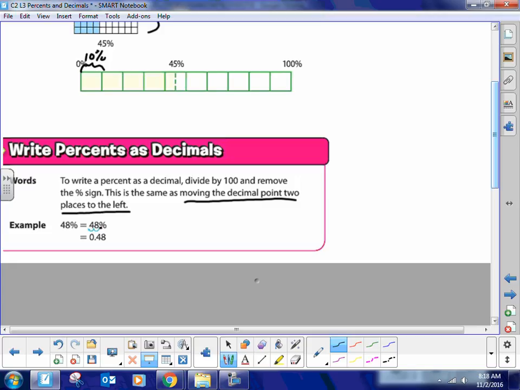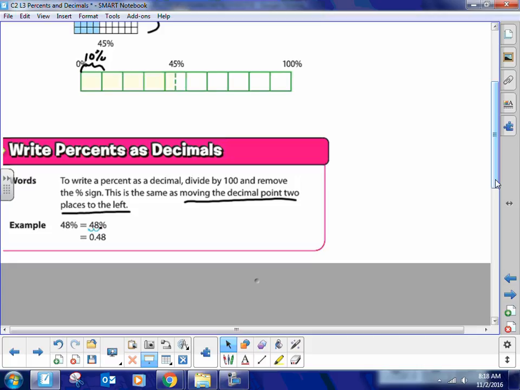To change it back to a decimal, you move it back to the left 2 places. I'm sorry if I confused you there, but let me repeat. To change a percent to a decimal, you move the decimal point 2 places to the left.